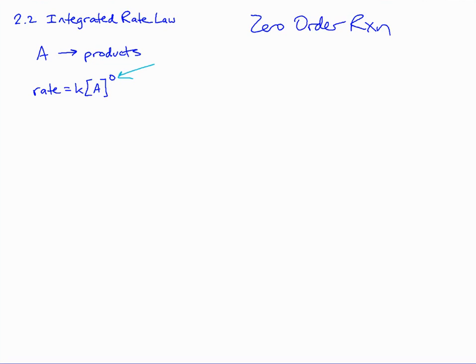So as the concentration of A decreases, the rate or slope, let's draw this. Off to the right you have concentration of A versus time. No matter what, time is going to move on, so our graph is continually moving to the right.